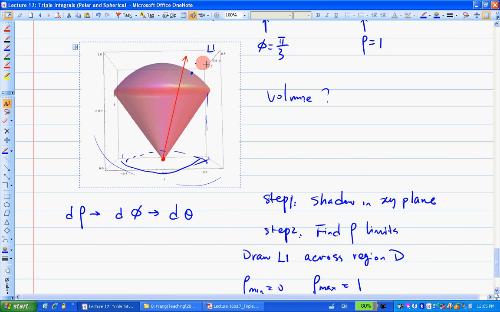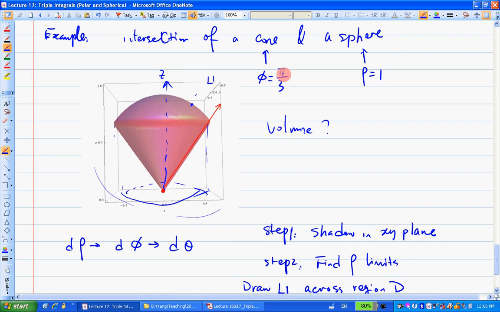Up to here, that's phi max. So what is phi max then? This is the z-axis. 45 degrees? No. This is a cone here, so this is your phi here, and that's pi over 3.